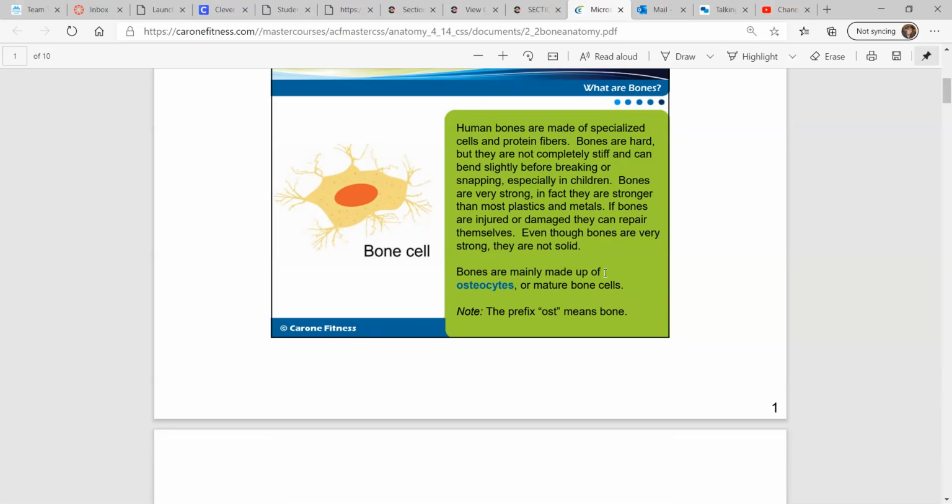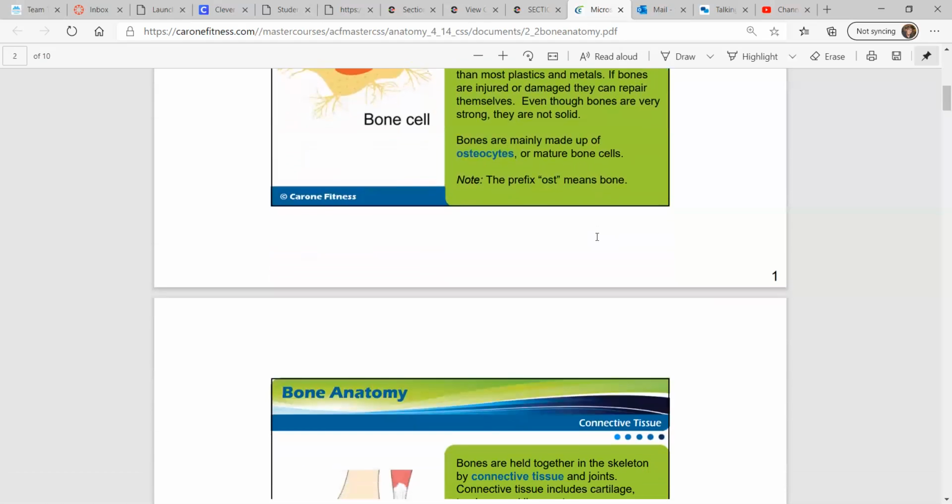They're mainly made up of osteocytes, or mature bone cells. And it says, note, ost means bone. If you've heard of words like osteoporosis, that deals with bones and bone cells.